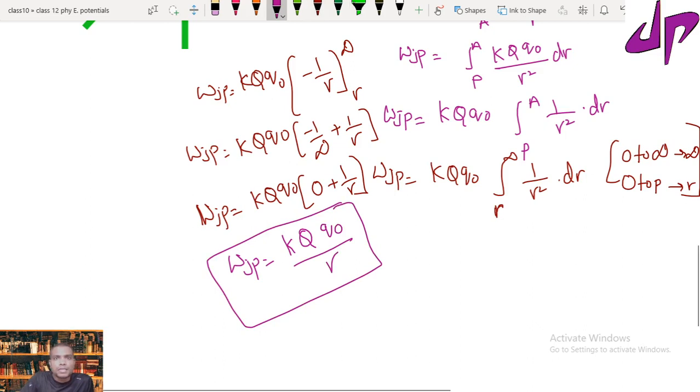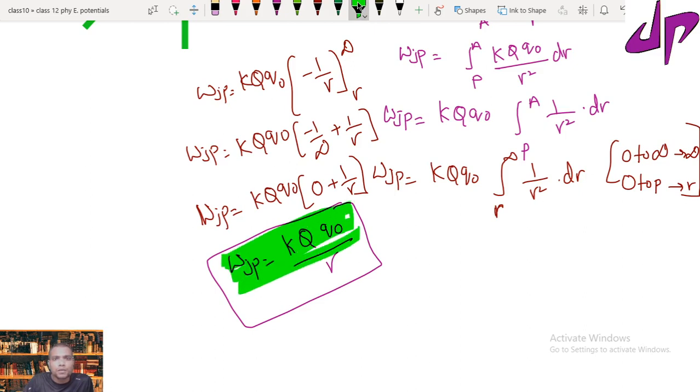So this is the work done by me to bring a charge from infinity to a location, which is point P within the electric field. So whatever work I did, that work will be stored in this test charge in the form of potential energy.